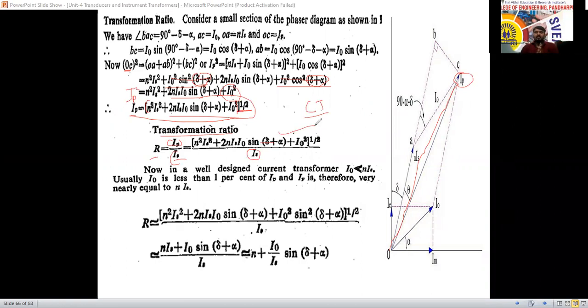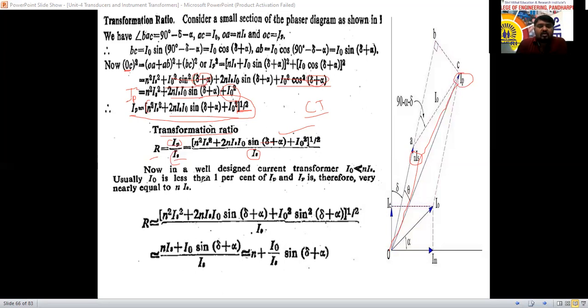Now here I naught and n I_s we have to consider. Here n I_s is negligibly small as compared to the I naught value.